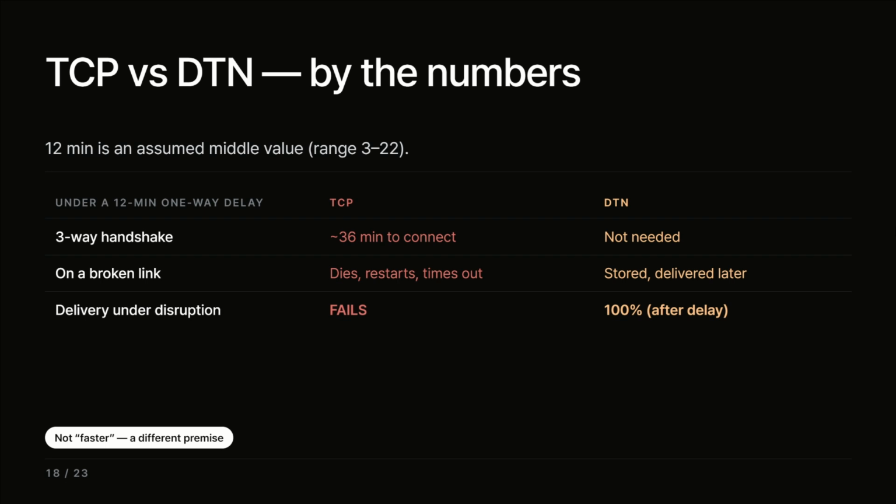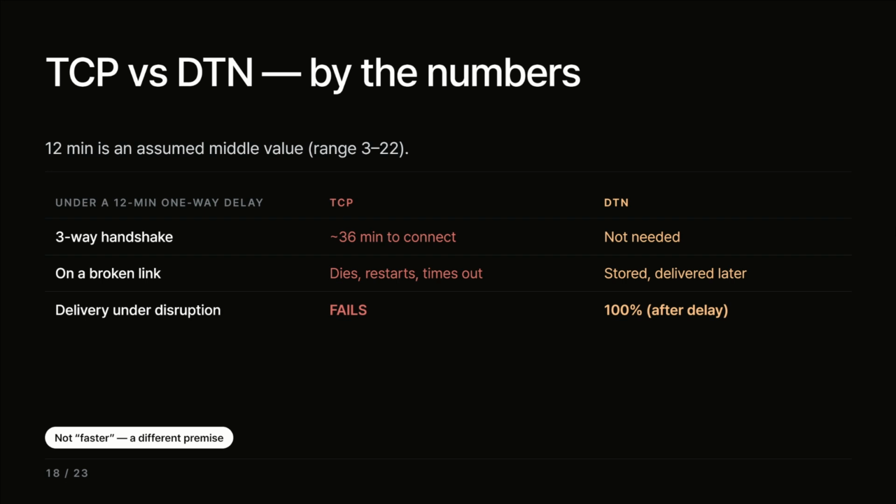Now, let's quantify the difference. For this example, we assume a one-way delay of 12 minutes. That's roughly a middle value within the Earth-Mars communication range. A 12-minute one-way delay corresponds to 24 minutes round trip. Now consider TCP.